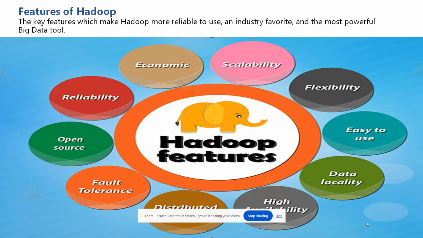These are all the features on the screen. You can see open source, reliability, economic, scalability, flexibility, easy to use, data locality, high availability, distributed, fault tolerance. So these are all the features of Hadoop.